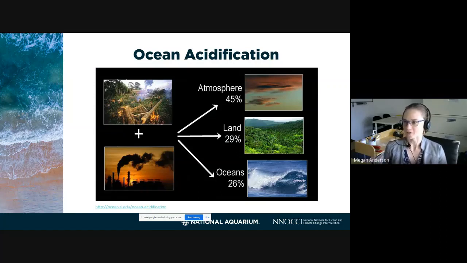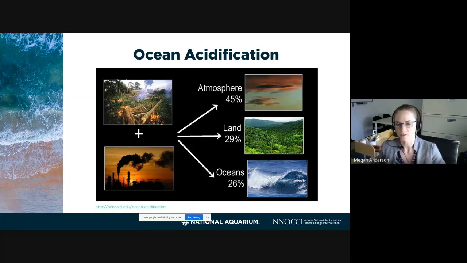Another overview of impact is that not all the burning of fossil fuels goes into our atmosphere and acts as that heat-trapping blanket. A portion of that is absorbed by our land, by our soil, by our trees, and a portion is also absorbed by our oceans, which leads to ocean acidification. It changes the chemistry of our oceans.